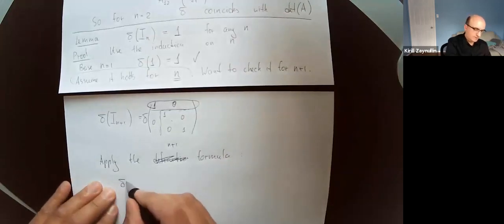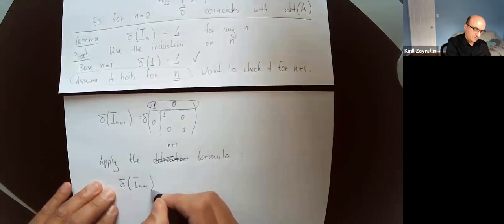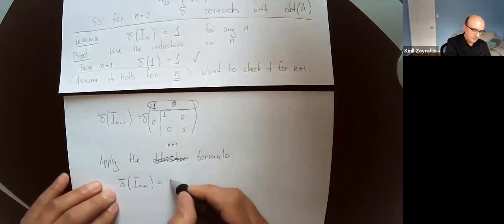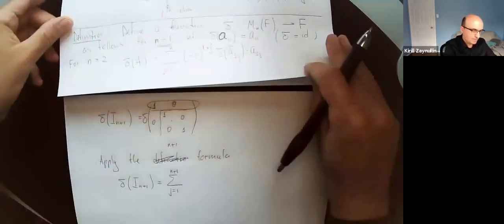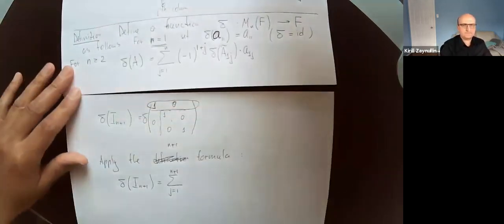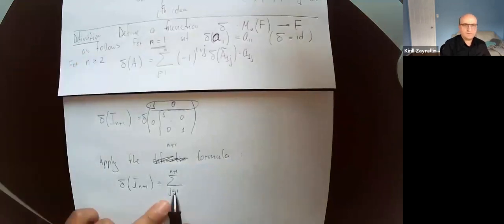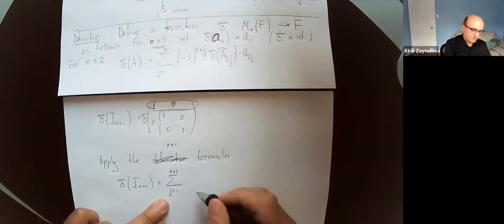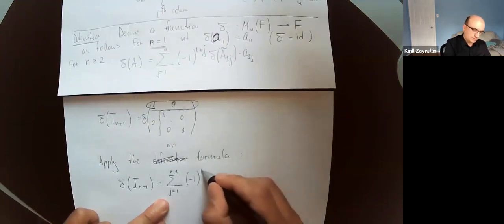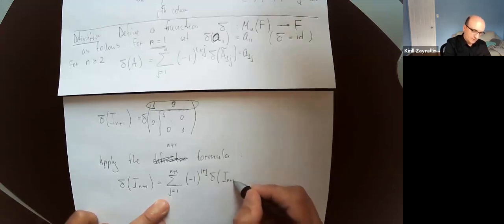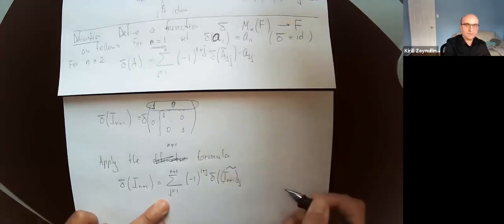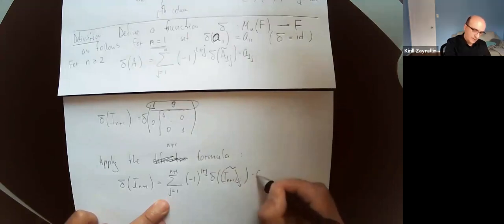The delta of I_{n+1}, by the very formula, is a sum, right? The sum over j from 1 to n plus 1 of (-1)^(1+j) times delta of the matrix I_{n+1} with the first row and the jth column removed, times a_1j.